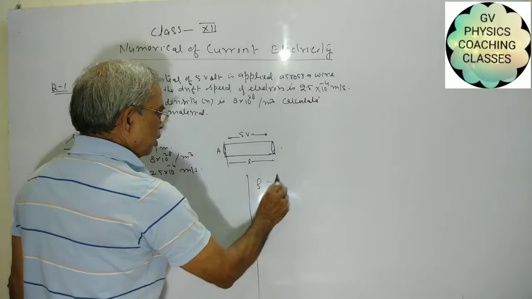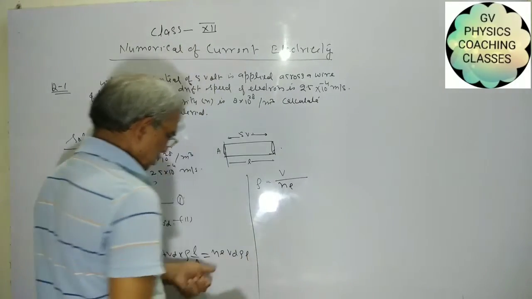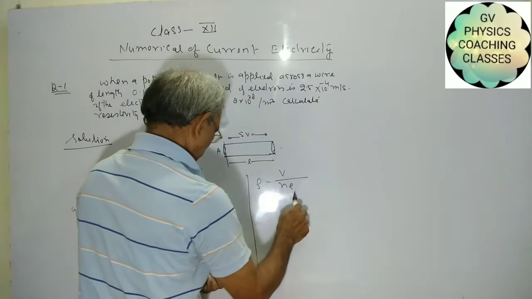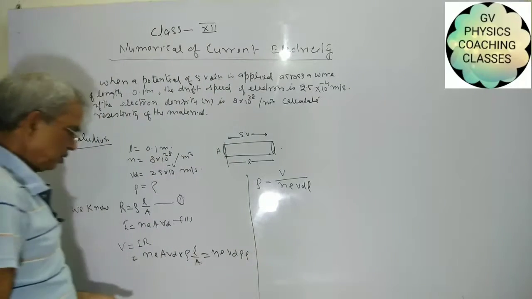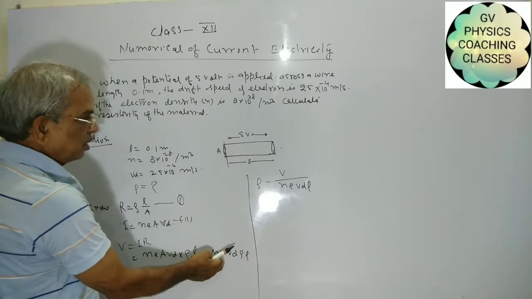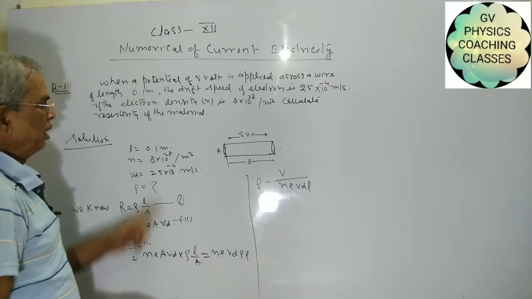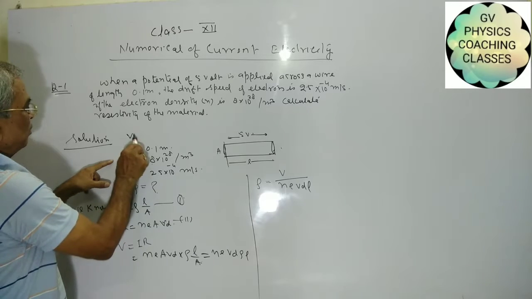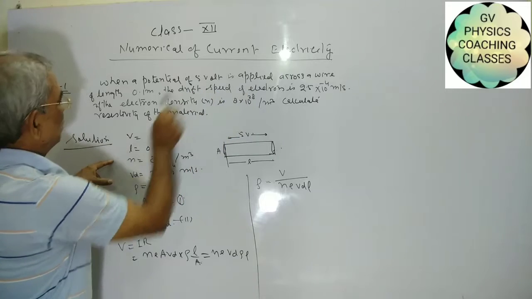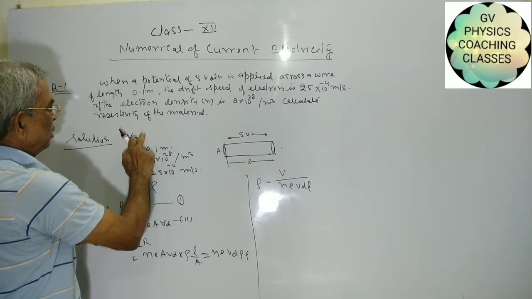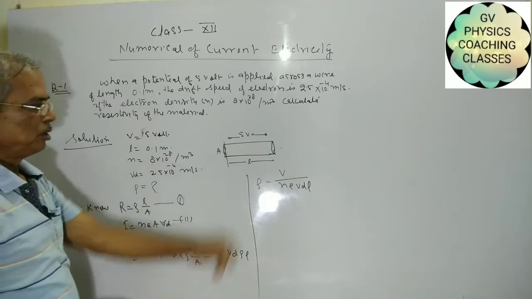Then rho equals V upon neVd L. And V is given, 5 volt. Put all these values in this equation.